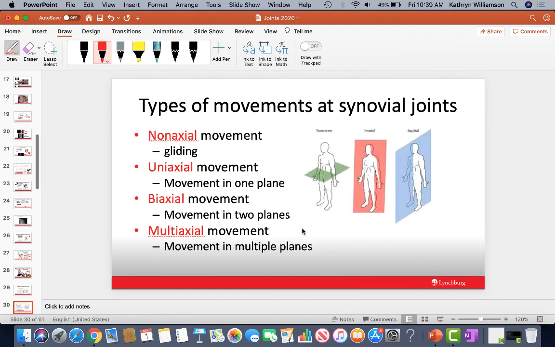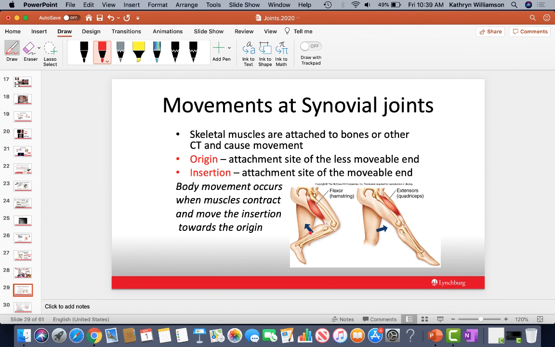Okay, the next thing is going to be movements at synovial joints. We can create movement across a joint by contracting the muscles that cross that joint. The skeletal muscles that attach to the bones are going to contract and they're going to create movement.